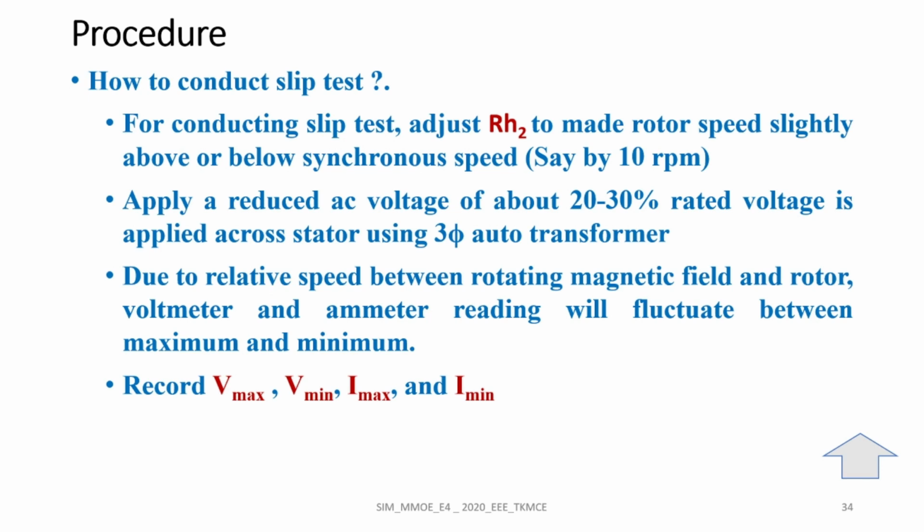The rotor is rotating at a speed greater than the synchronous speed. Obviously, some relative speed is there between the rotating magnetic field and the rotor. Due to this relative speed, the voltmeter and ammeter readings will fluctuate between maximum and minimum. Then we need to record this maximum voltage, minimum voltage, maximum current and minimum current.